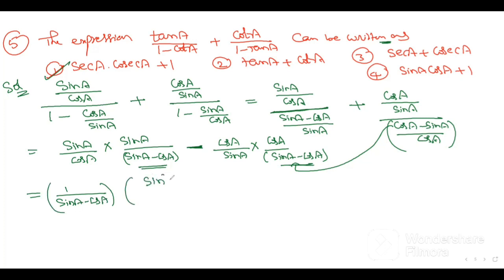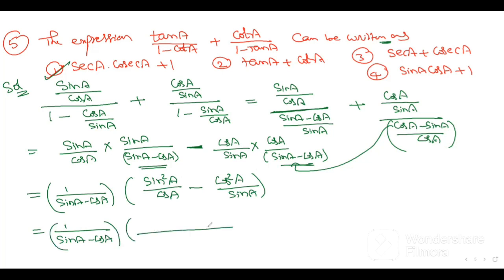Sin square A by cos A minus here cos square A by sin A. So 1 by (sin A minus cos A) into, here LCM is cos A into sin A. After LCM, it will become sin A into sin square A, sin cube A, minus cos square A into cos A, cos cube A.